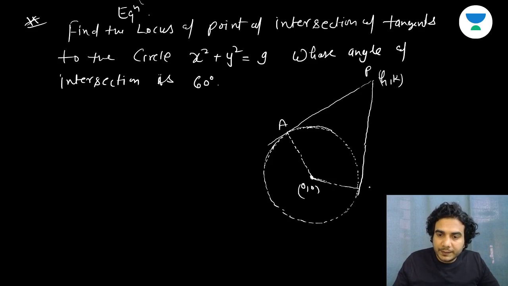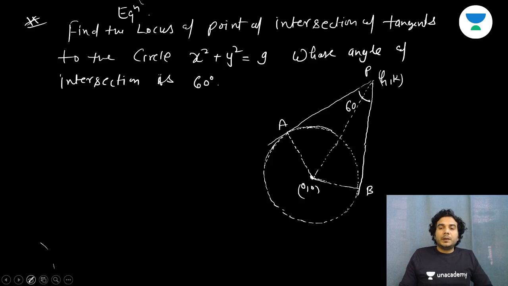This is say A, this is B. This angle is given as 60 degrees, you need to use it. I am also constructing OP. You need to use this OP also. Find the locus.